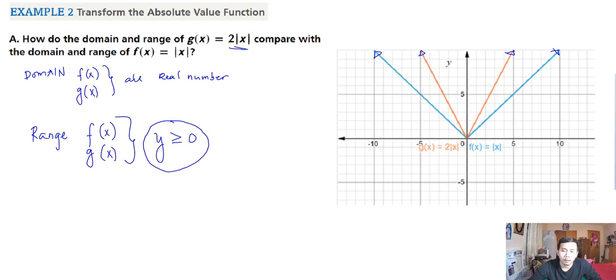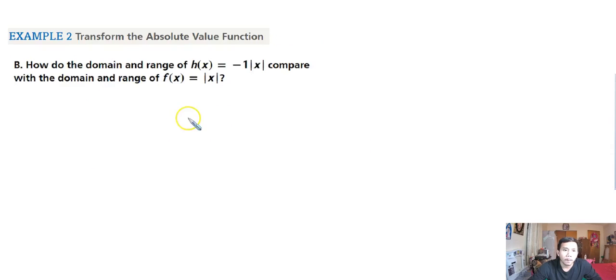There you go. Now in our next example, a continuation of example number 2, wherein we are transforming the absolute value function. For letter B, how do the domain and the range of h of x equals -1 times the absolute value of x compare with the domain and range of our mother function, which is f of x equals the absolute value of x?